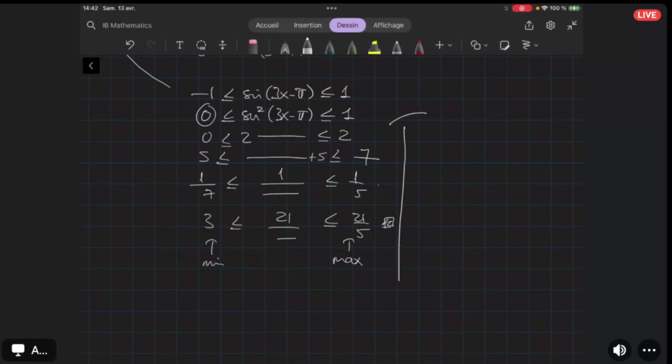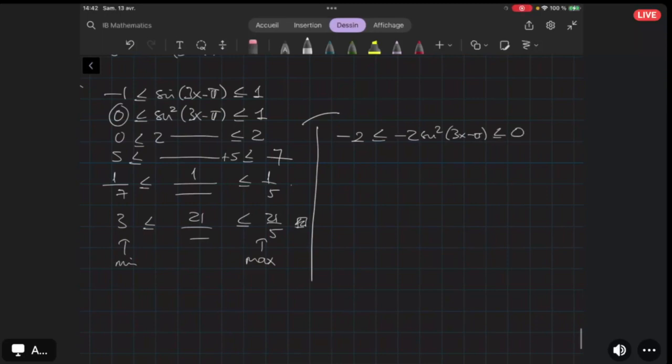I multiply everything by -2. Then I get -2 less than or equal to -2 sine squared of 2x minus pi less than or equal to 0. Add 5. Take the reciprocal. Sorry, 1 over 5. Multiply by 21.